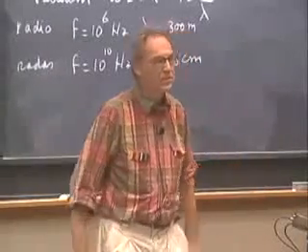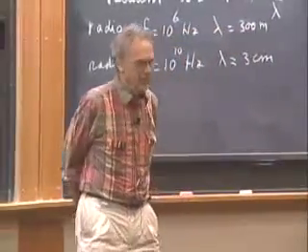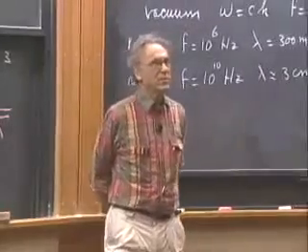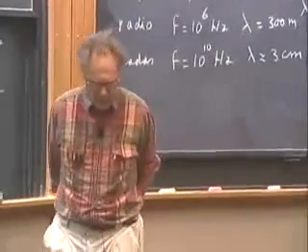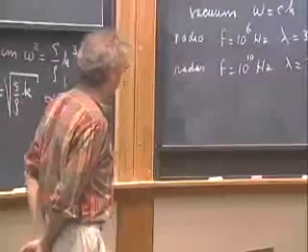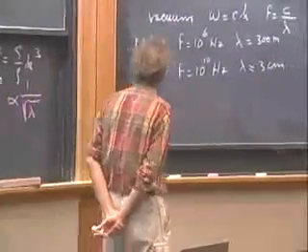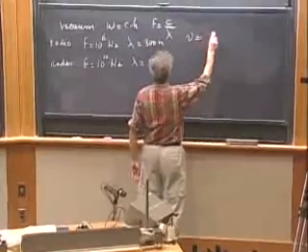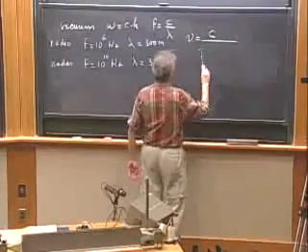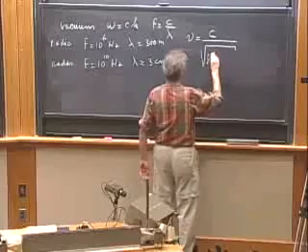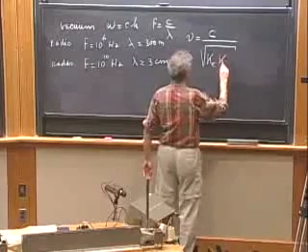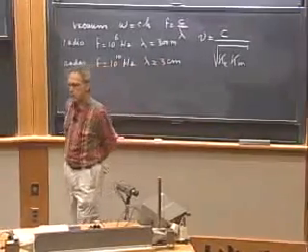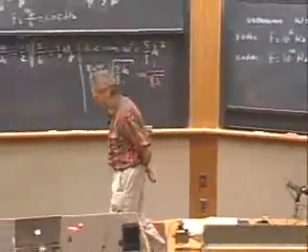Light in glass, or in water for that matter, is not non-dispersive. It is very dispersive. As we will derive in 803, the speed of electromagnetic radiation is c divided by the square root of the dielectric constant kappa E and the relative permeability kappa M, which you may or may not recognize from your 802 days.